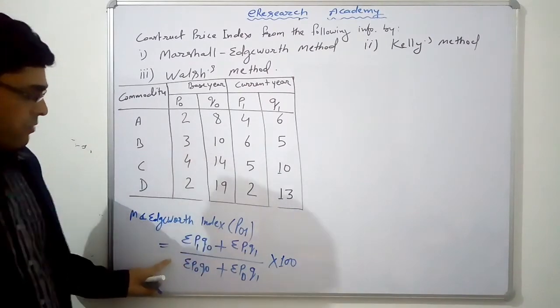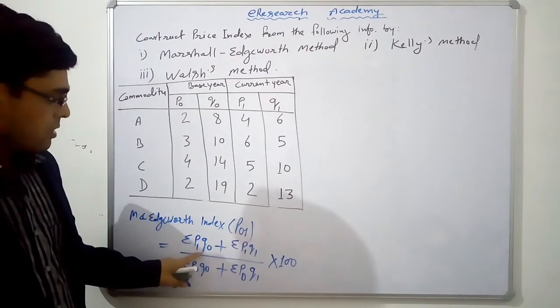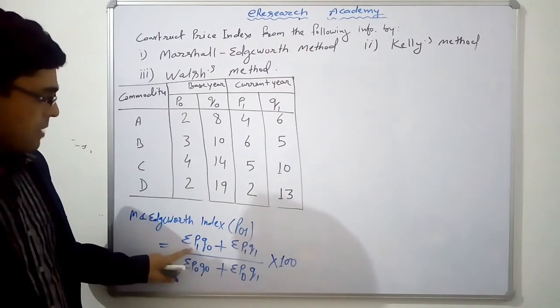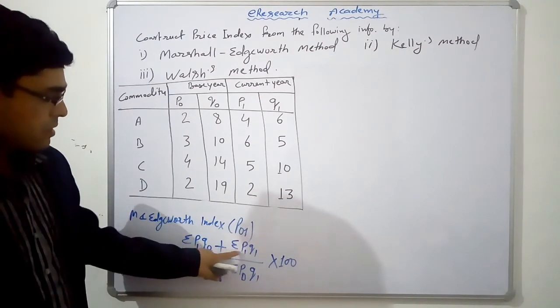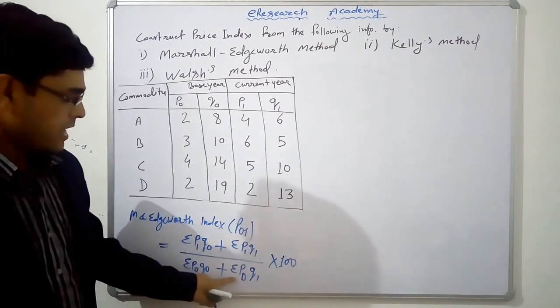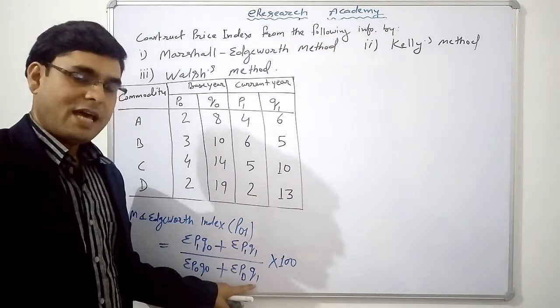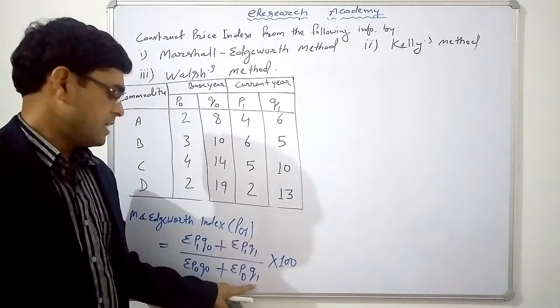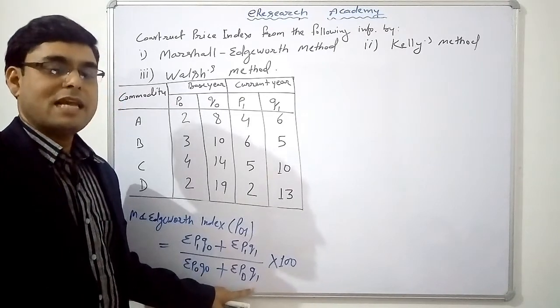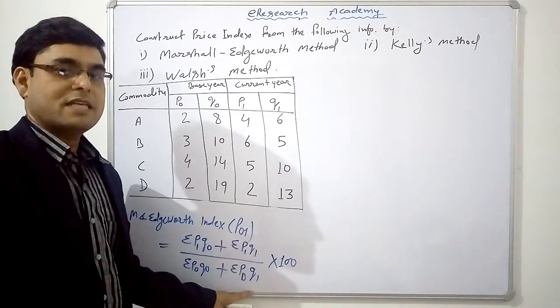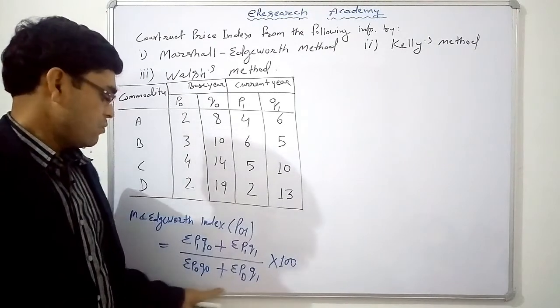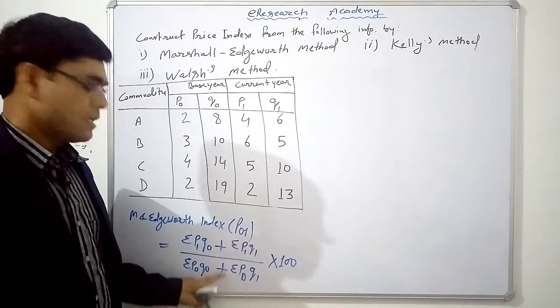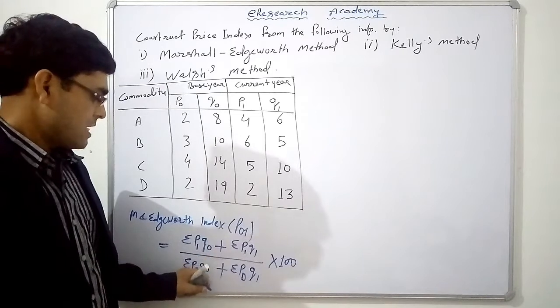Okay, so we have to find these values: sigma P1 Q0, P1 Q1, P0 Q0 and P0 Q1, as we were using in our previous lecture on Fisher's ideal index number. The same we utilize here, but in a different form. We need the same columns here.